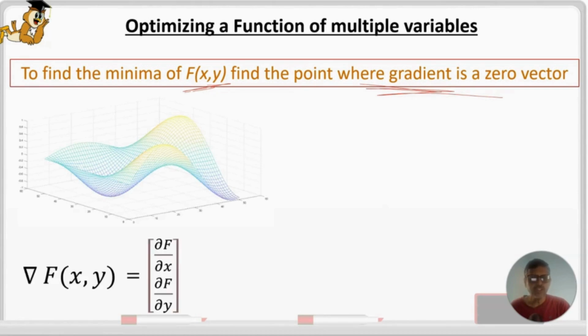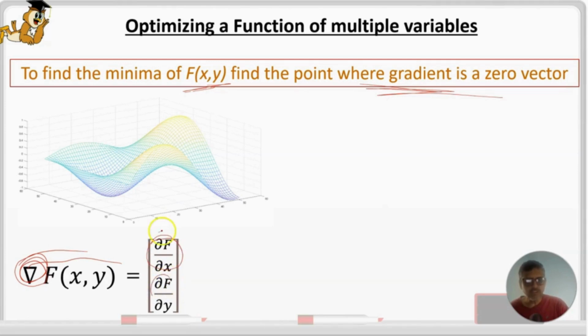If you had a function in 2 dimensions, your gradient is typically defined by this inverted delta. The gradient of the function f is basically the vector of partial derivatives with respect to each of the variables. So if it's a function of 2 variables x and y, your gradient vector is the derivative with respect to x and the derivative with respect to y.